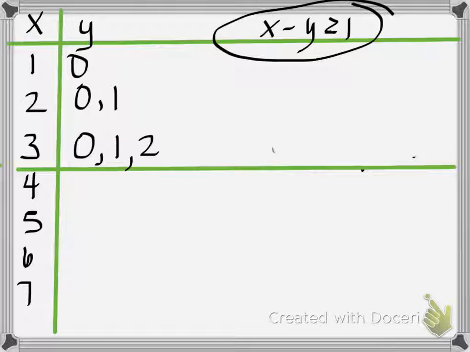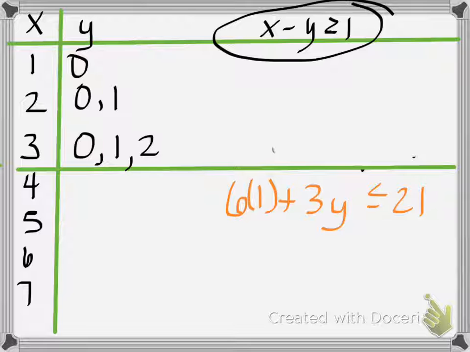Now we're going to look at the other rule. The other rule said 6 times x plus 3y has to be less than or equal to 21. So we are going to take each of our x's one at a time and figure them out. So when x is equal to 1, I replace the x with 1.